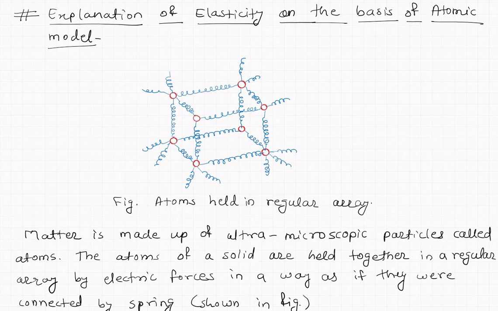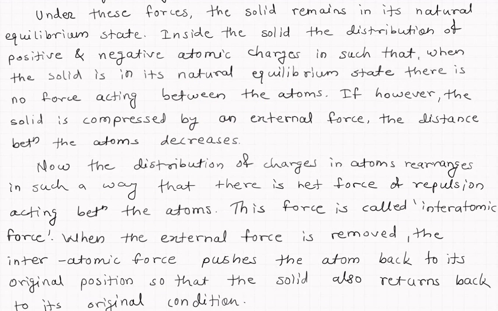As shown in the figure, all atoms are connected by springs. Under these forces, the solid remains in its natural equilibrium state. Inside the solid, the distribution of positive and negative atomic charges is such that when the solid is in its natural equilibrium state, there is no net force acting between the atoms.